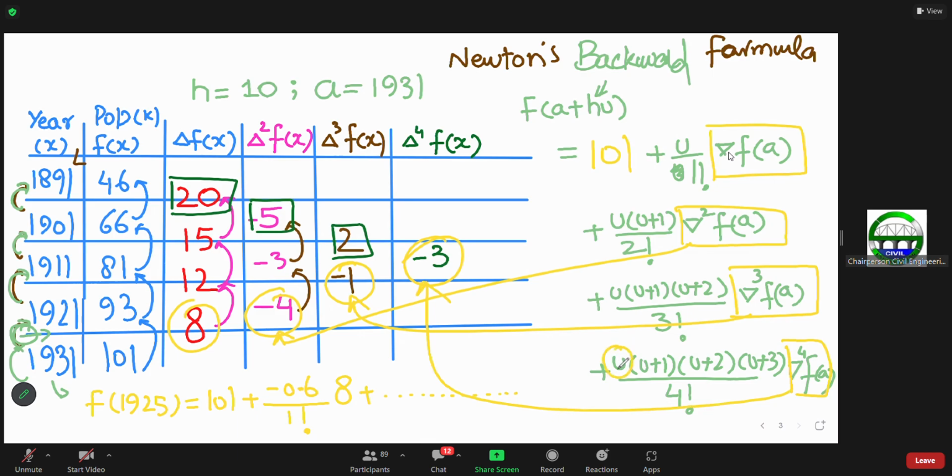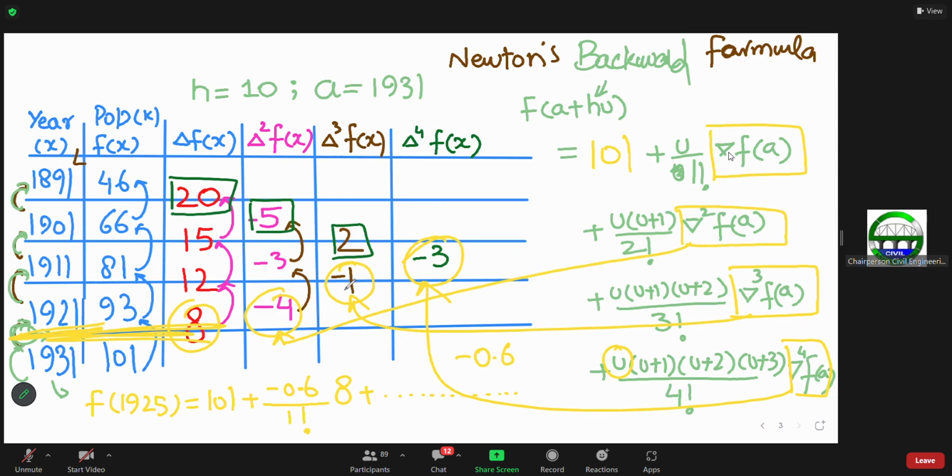And we already have the value of u equal to minus 0.6. Then what else is remaining? So once you solve it, you will get the answer, and the answer will lie somewhere in between. Okay, so I will leave it for you that you guys can solve it by yourself and let me know if you guys feel a problem.